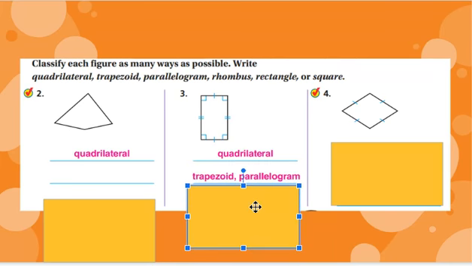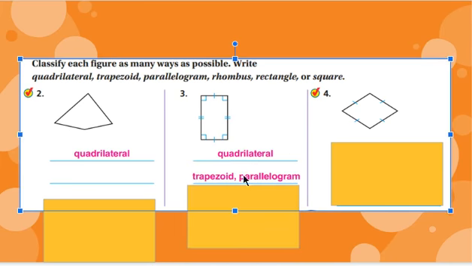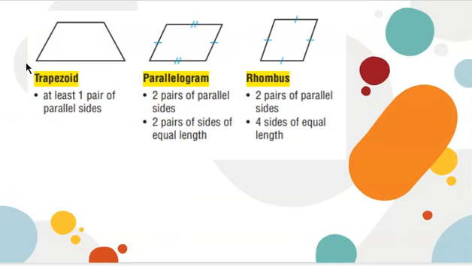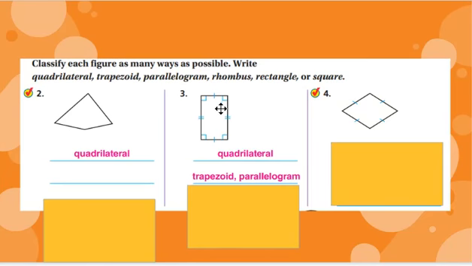Let's see what else we've got. Ooh, it is a trapezoid and a parallelogram. Whoa, whoa, whoa. Let's back up here. What does a shape need to be a trapezoid? Let's think about it. A trapezoid has at least one pair of parallel sides. Well, does this shape have at least one pair of parallel sides?